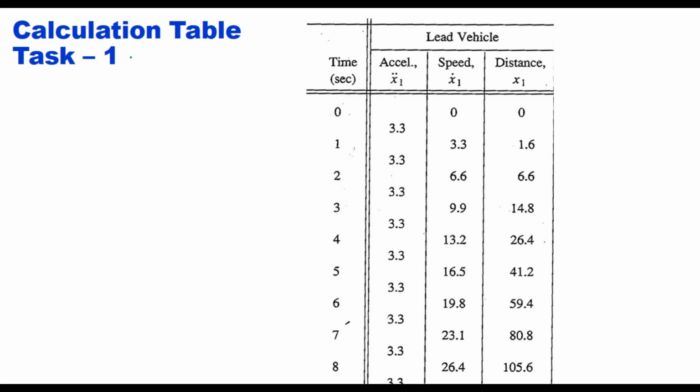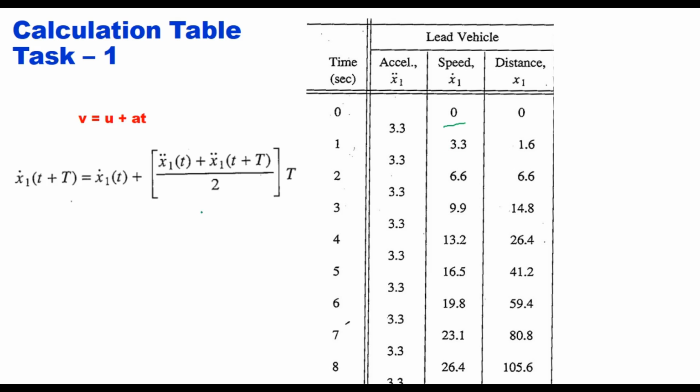So here task 1 is to calculate the acceleration, speed and distance of the lead vehicle. Let us take time 0, 1, 2, 3, 4, 5 and so on. Acceleration is 3.3 constant until you get a speed of 44 feet per second, and speed you can calculate using this equation: speed at time t plus T is the initial speed at time t plus the average of two accelerations into time interval T. Because this acceleration is constant 3.3, the average will be 3.3.